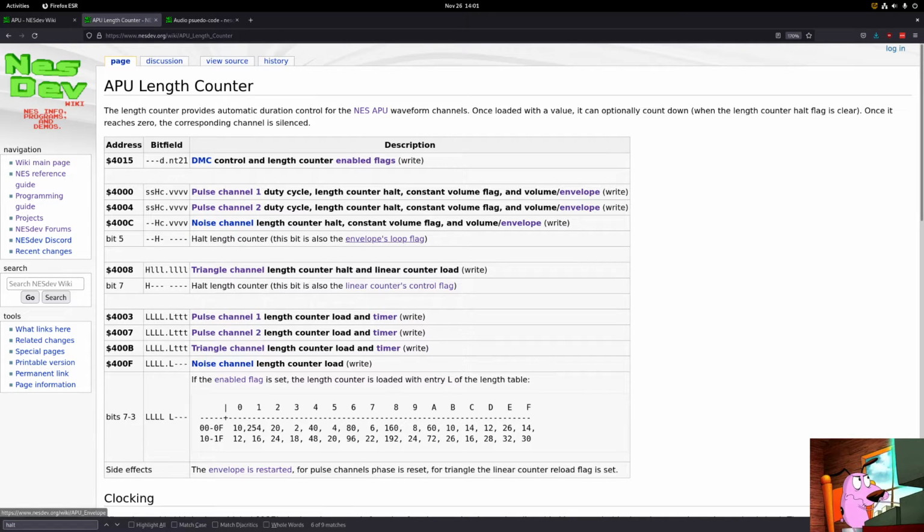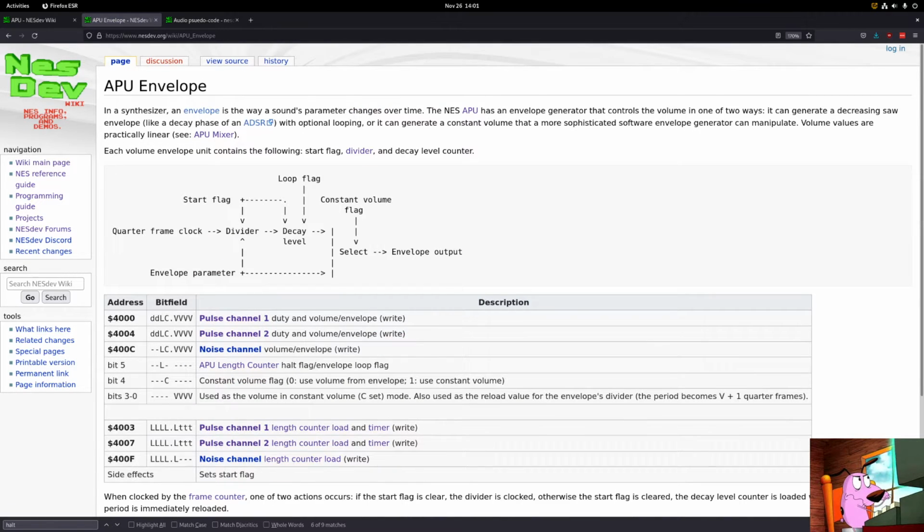This bit is also the envelope's loop flag. That's why I called it that. Halt flag, envelope, loop flag.